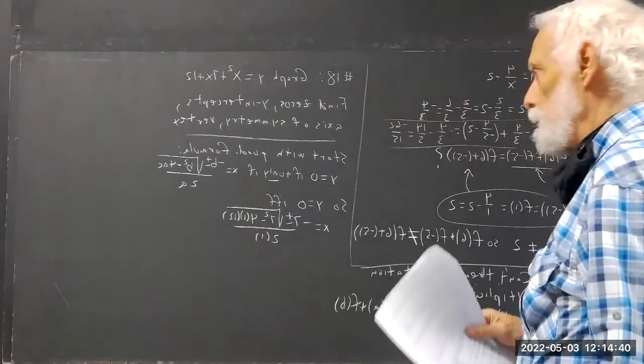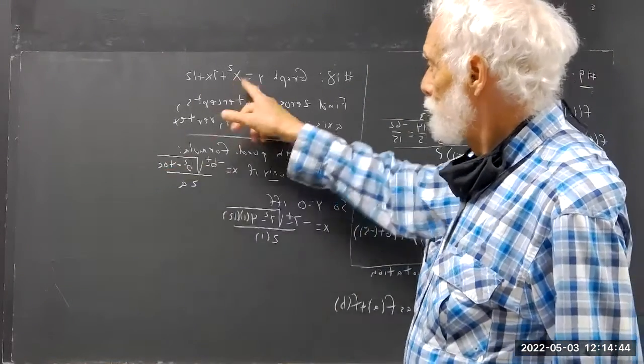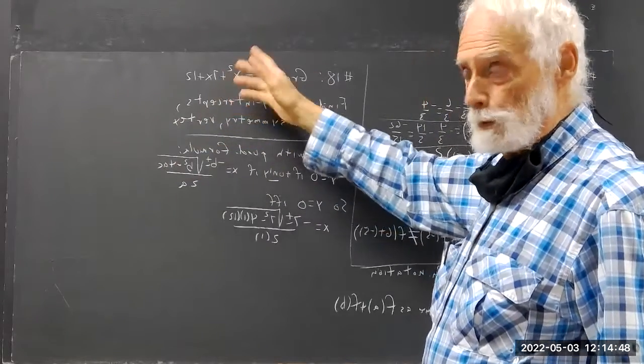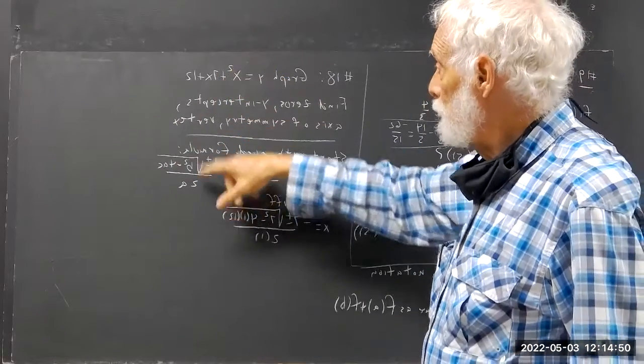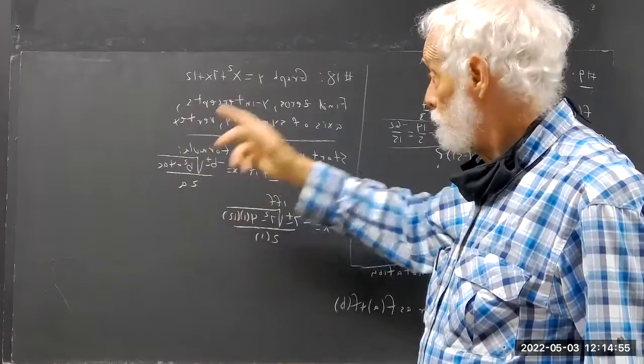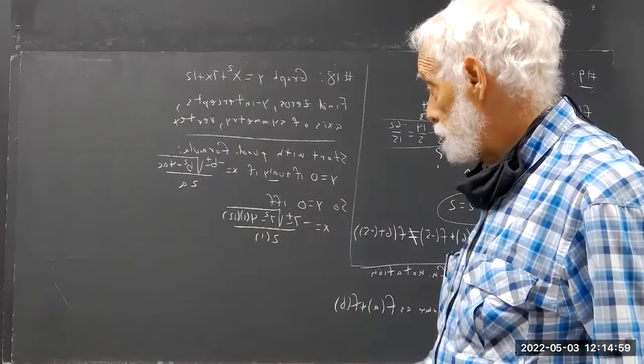I'm not going to go through the details, except to say that a is what's in front of x squared, which is 1, even if it's not written. If there's nothing written in front of x squared, it's 1. b is what's in front of x, it's 7. c is the 12.